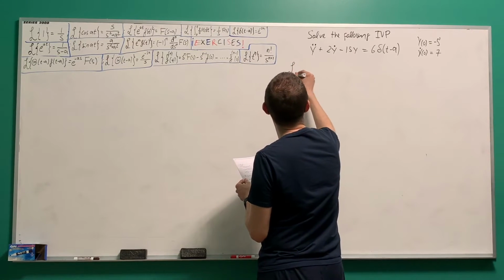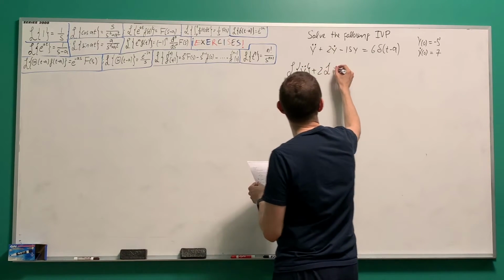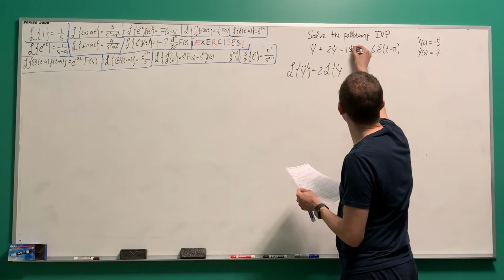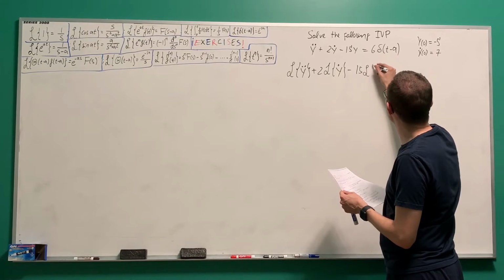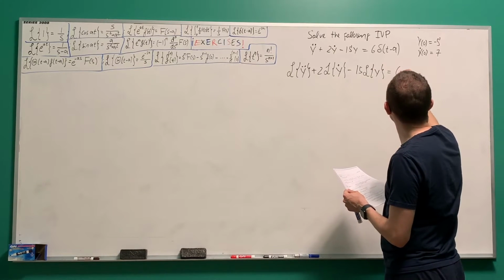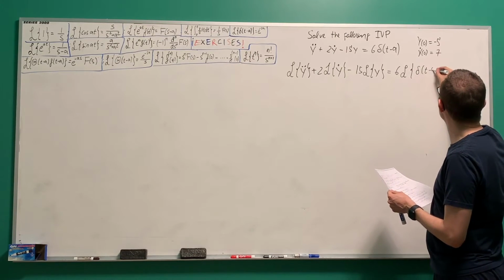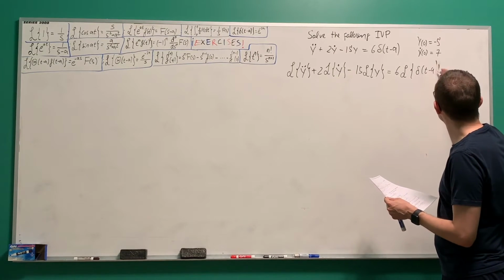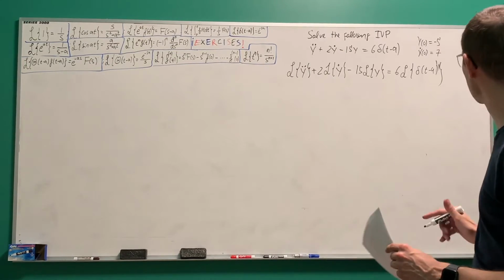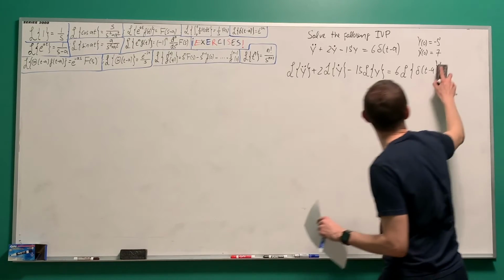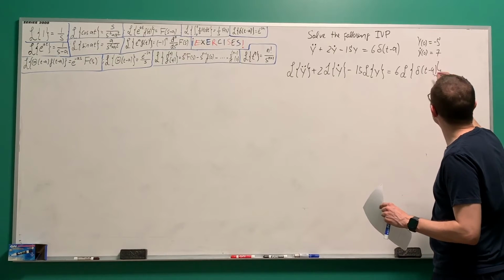The Laplace transform of y double dot plus twice the Laplace transform of y dot minus 15 times the Laplace transform of y equals 6 times the Laplace transform of delta of t minus 9. Minus 9. There we go.